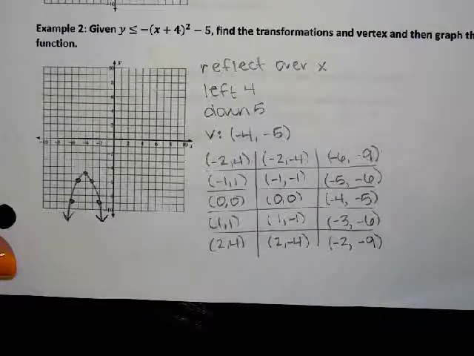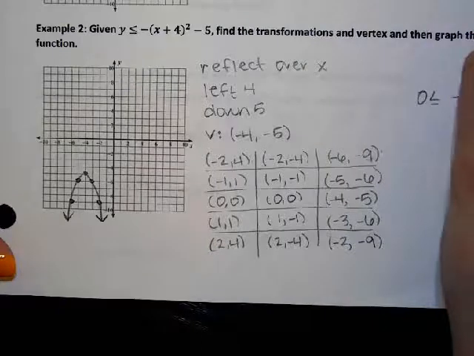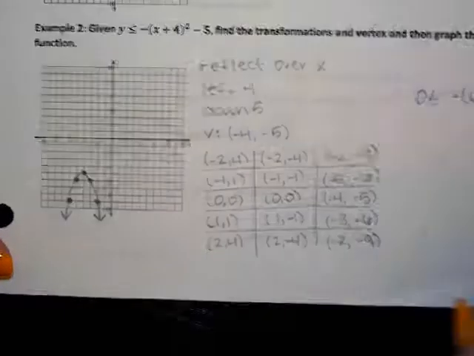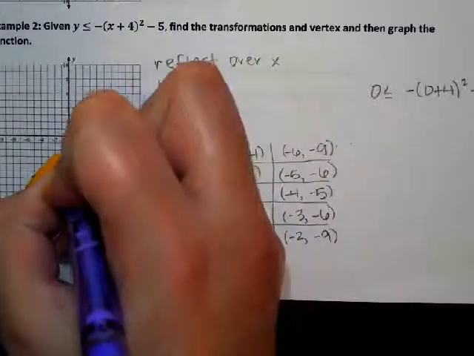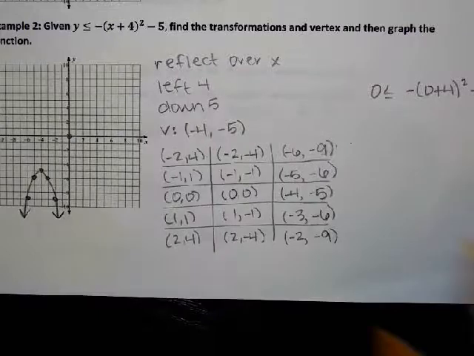We're going to plug in 0. 0 less than or equal to negative 0 plus 4 squared minus 5. So I'm plugging in 0, which is outside of the parabola. So instead of shading left or right, because it's not a line, we have an inside versus outside. So this is the outside of the parabola.